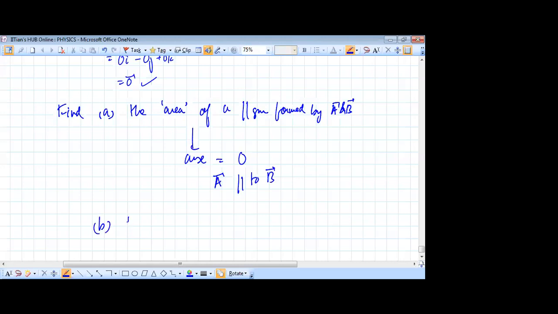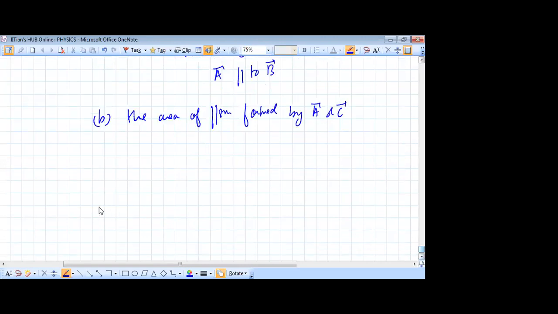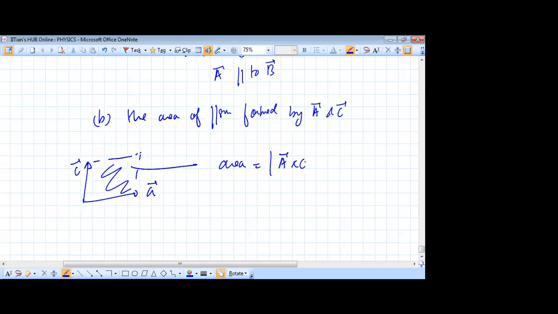But if I ask you the area of the parallelogram formed by A and C, so you can see that yes, A and C are not parallel to each other, so they are enclosing some kind of area. Yes, so 3 root 3 will be the correct answer. Okay. So this area will be mod of A cross C. So that is just mod of the vector that we had got.